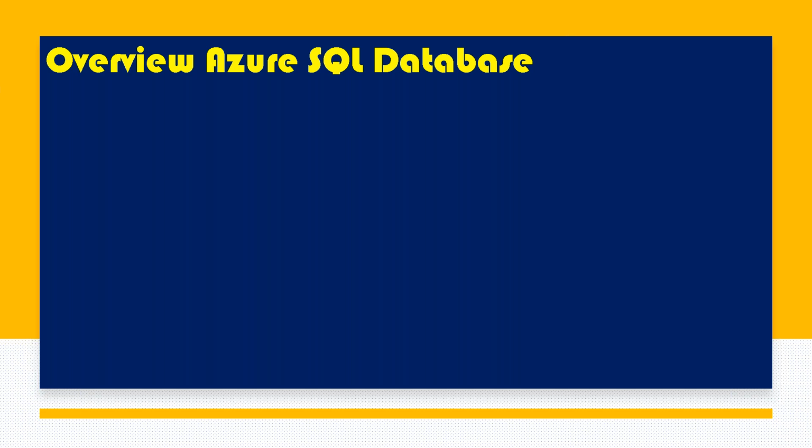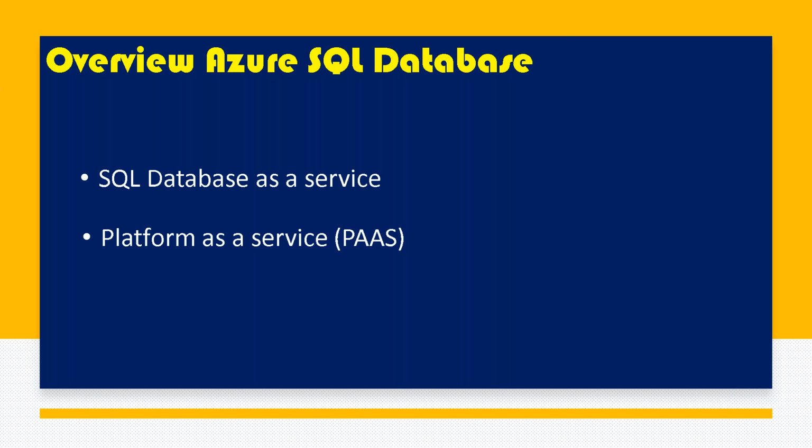We can directly create the database in the cloud environment. So we say the cloud database is SQL database as a service, and we can also call it platform as a service, because it is available on a platform with development features.